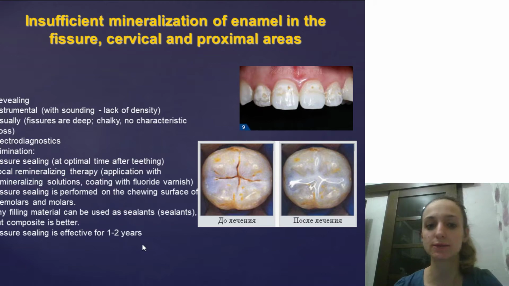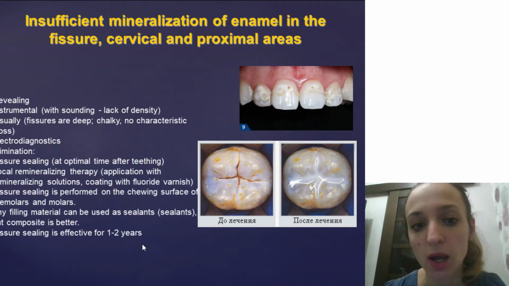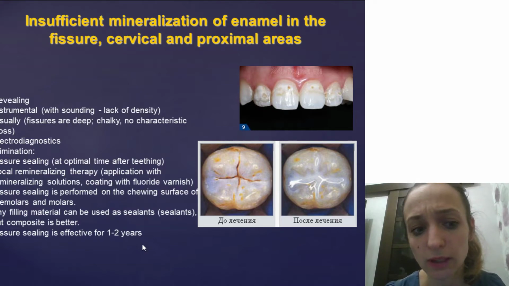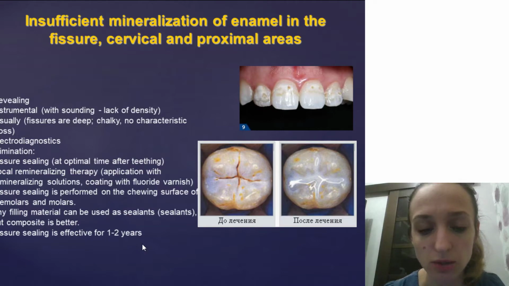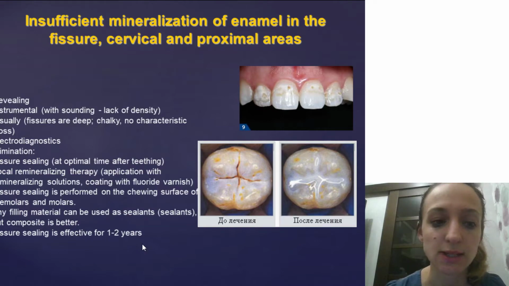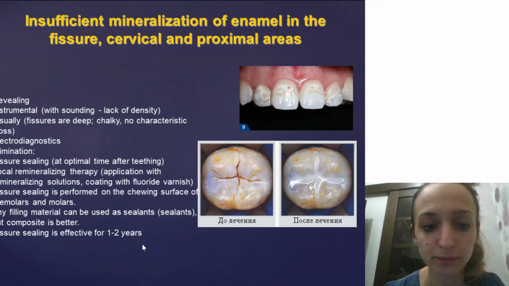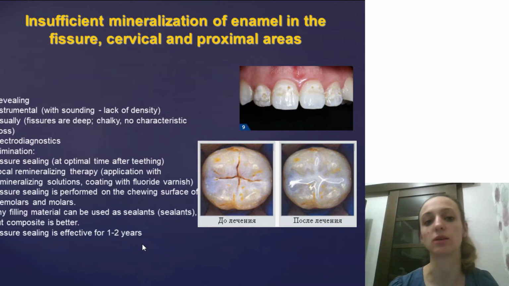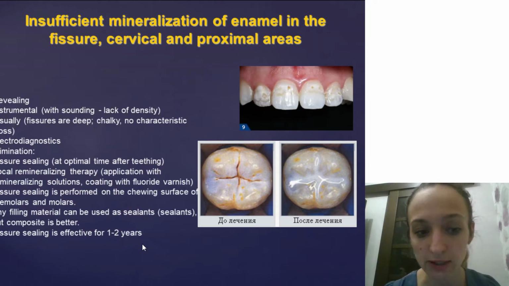So, insufficient mineralization of enamel in the fissure, cervical and proximal areas is revealed instrumentally with a probe and by lack of density, visually, and by electrodontodiagnostics. Elimination is fissure sealing at optimal time after teething. Remember that after teething we have only 2 years for fissure sealing.